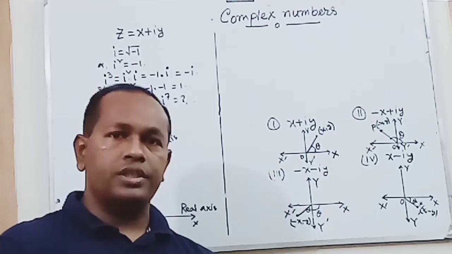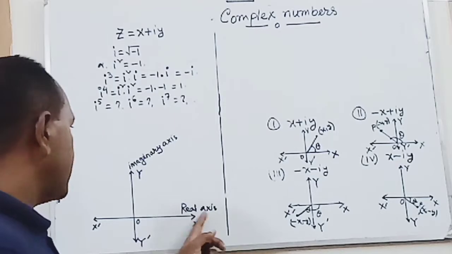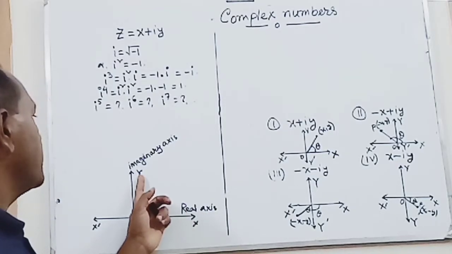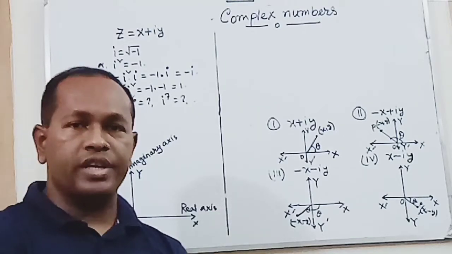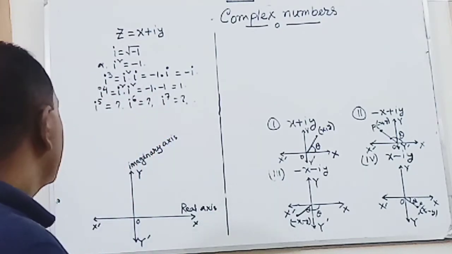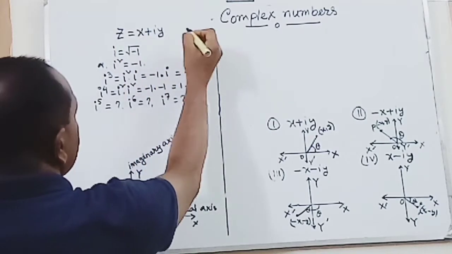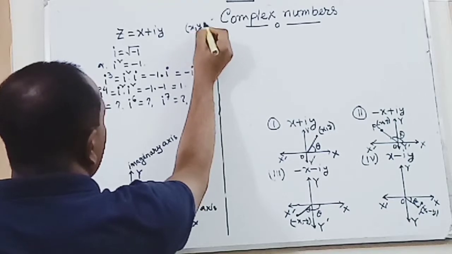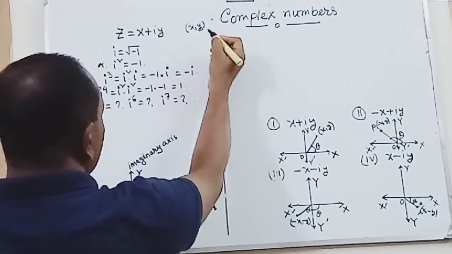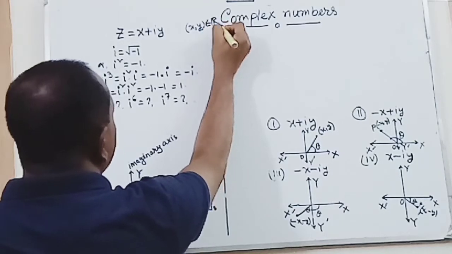In that method, the x-axis is considered as the real axis and the y-axis is considered as the imaginary axis in the xy plane or coordinate plane. And the complex number z equals x plus iy is considered as the ordered pair x comma y, in which x comma y belongs to the set of real numbers.